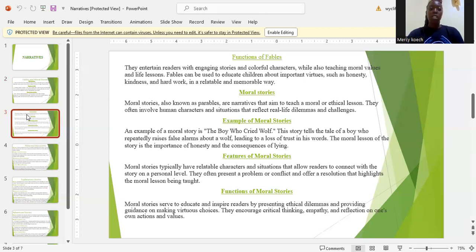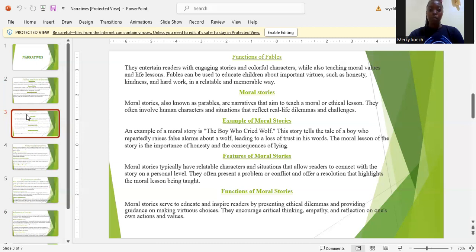Moral stories, also known as parables, are narratives that aim to teach a moral or ethical lesson. They often involve human characters and situations that reflect real life dilemmas and challenges. Example of moral stories.